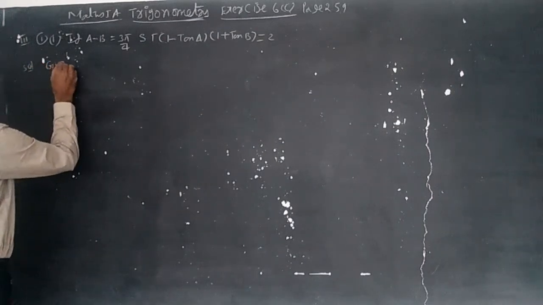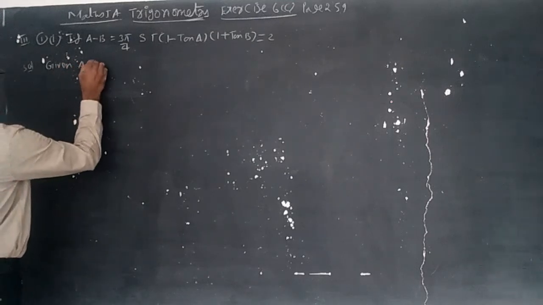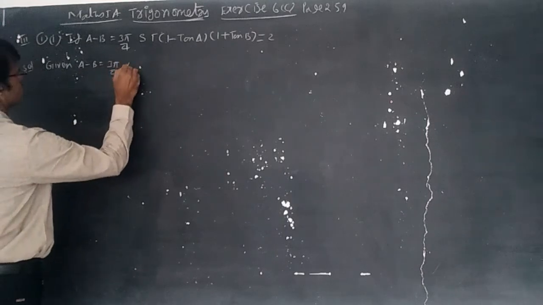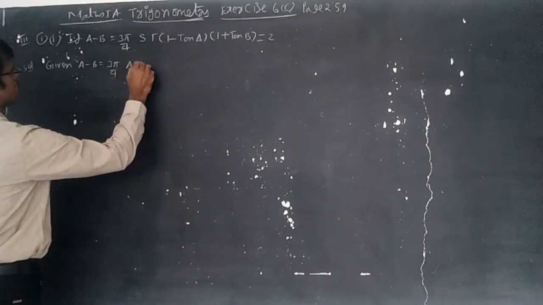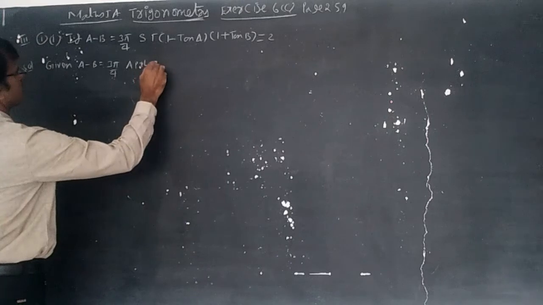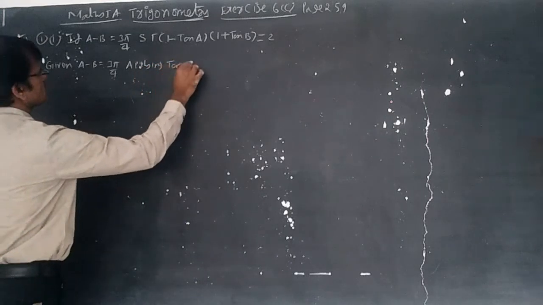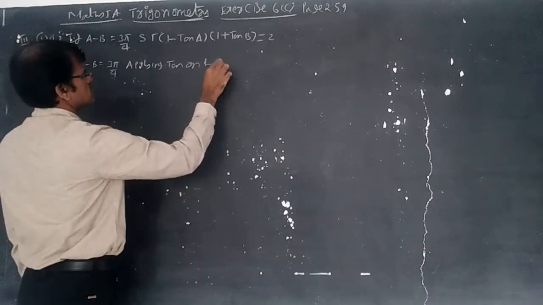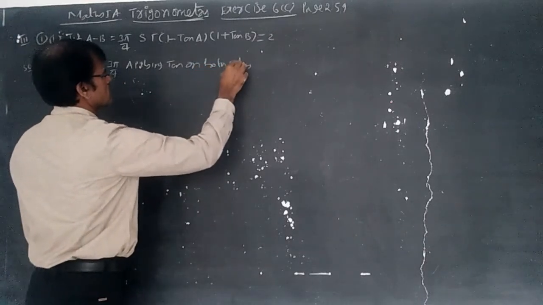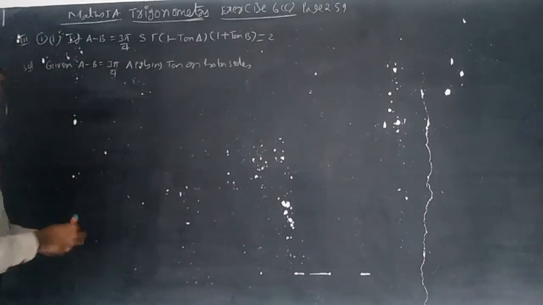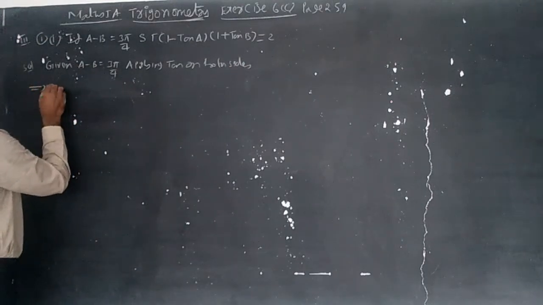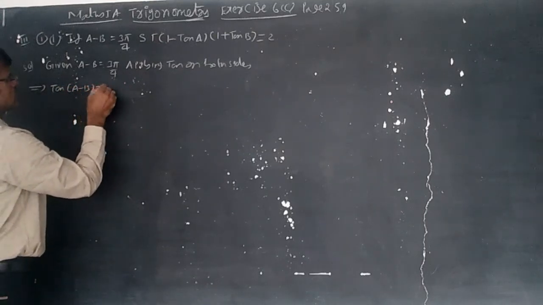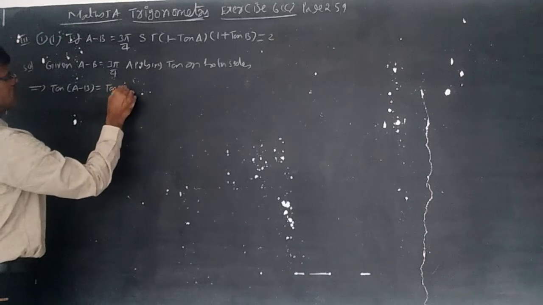Given a minus b is equal to 3 pi by 4, so applying tan on both sides, that implies tan of a minus b is equal to tan 3 pi by 4.